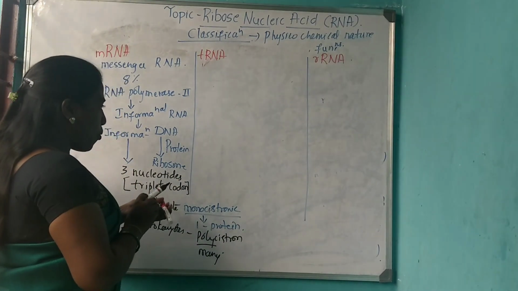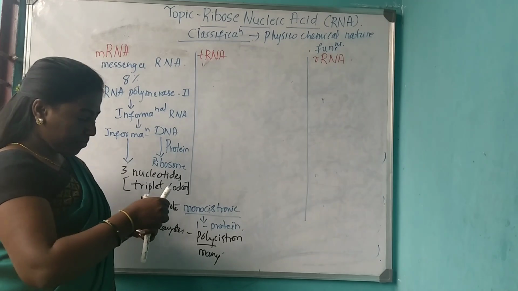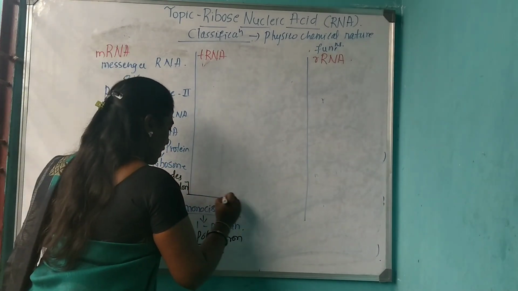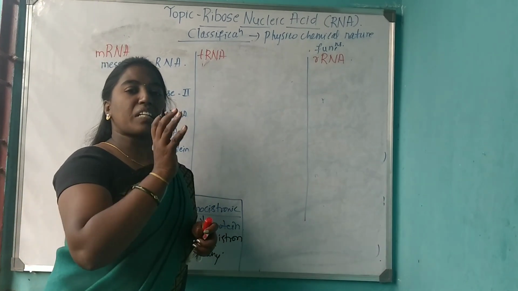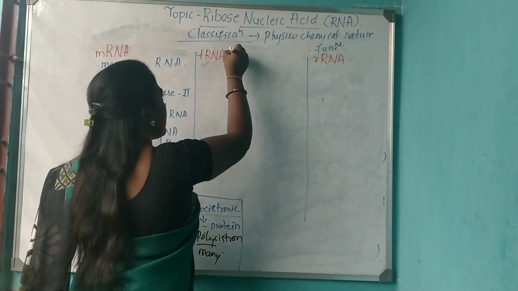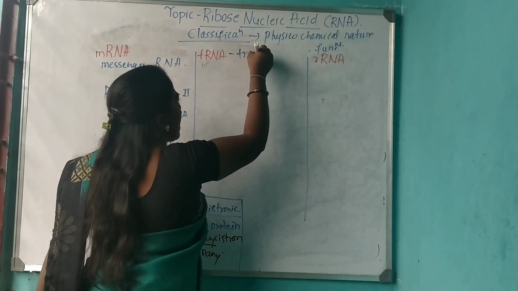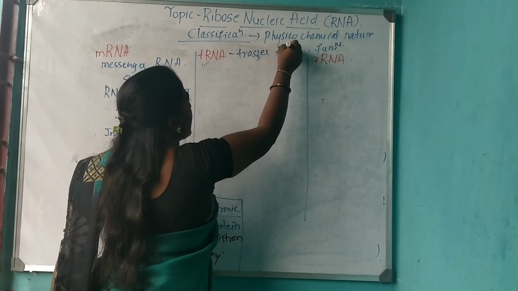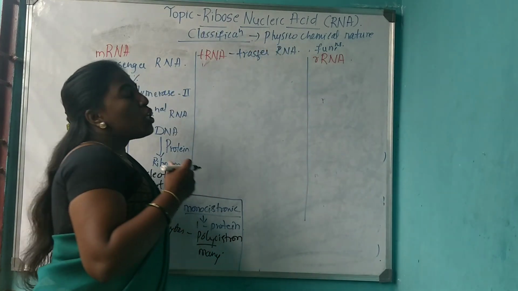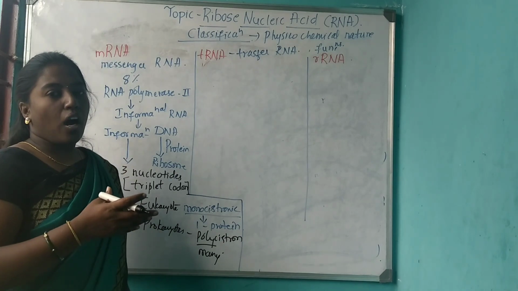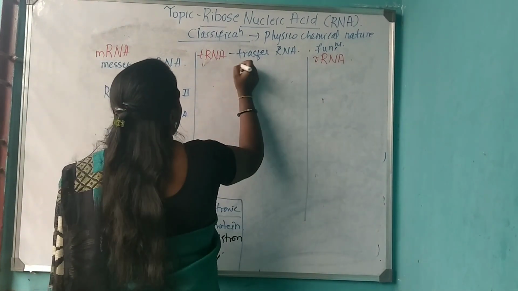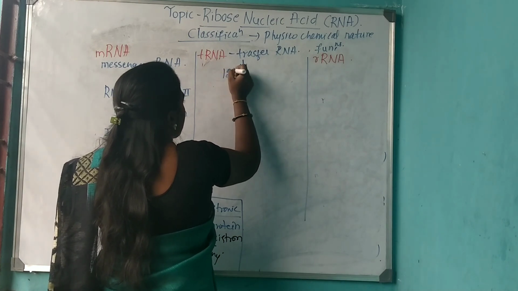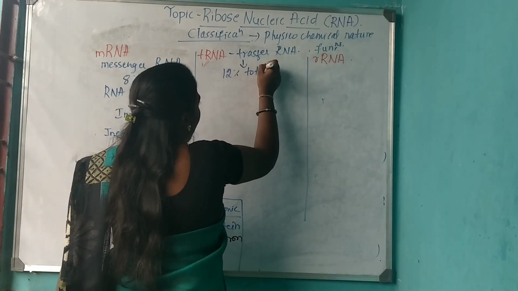Let us study about the tRNA. The tRNA full form is transfer RNA. It accounts for 12% of the total RNA.